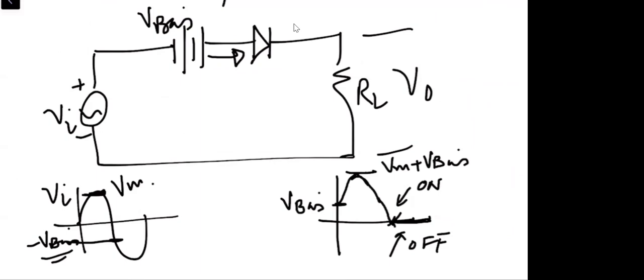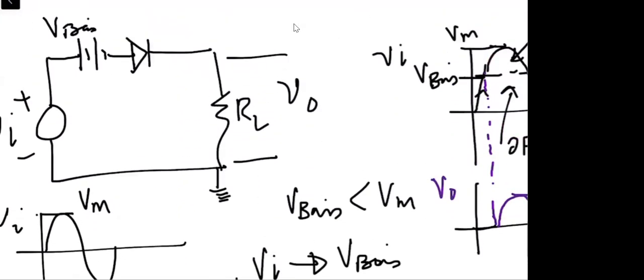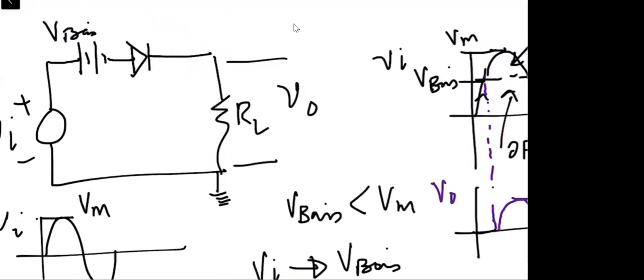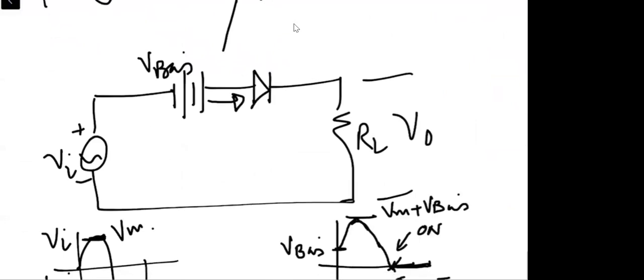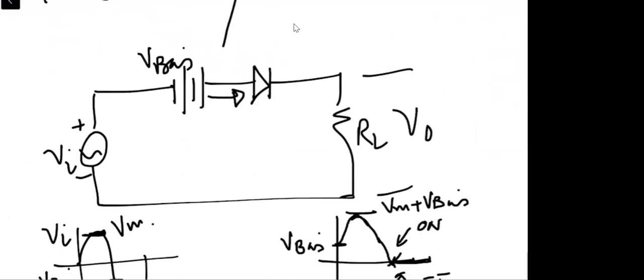In the end we can have four circuits with V bias, diode and RL, and you can draw the output accordingly.